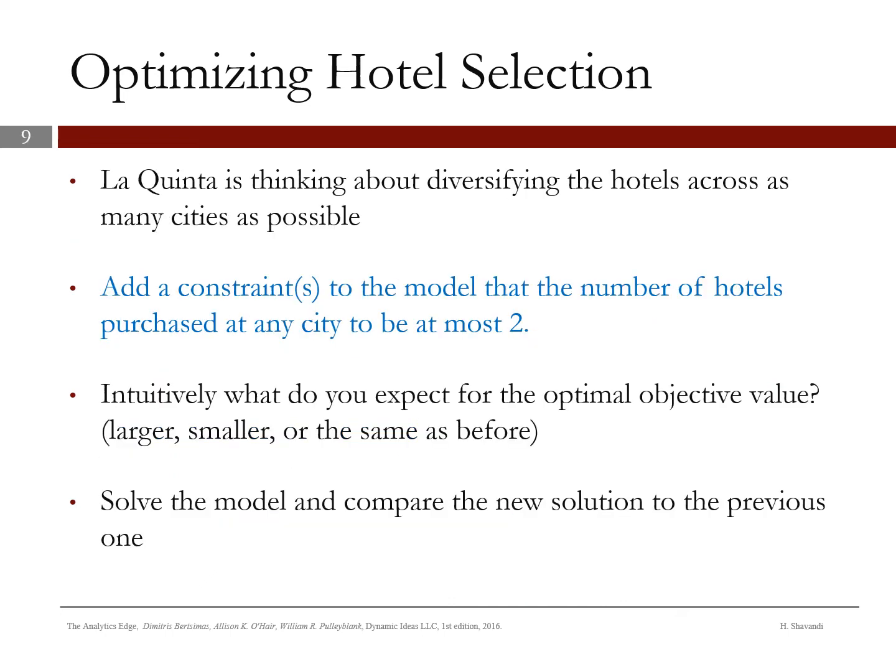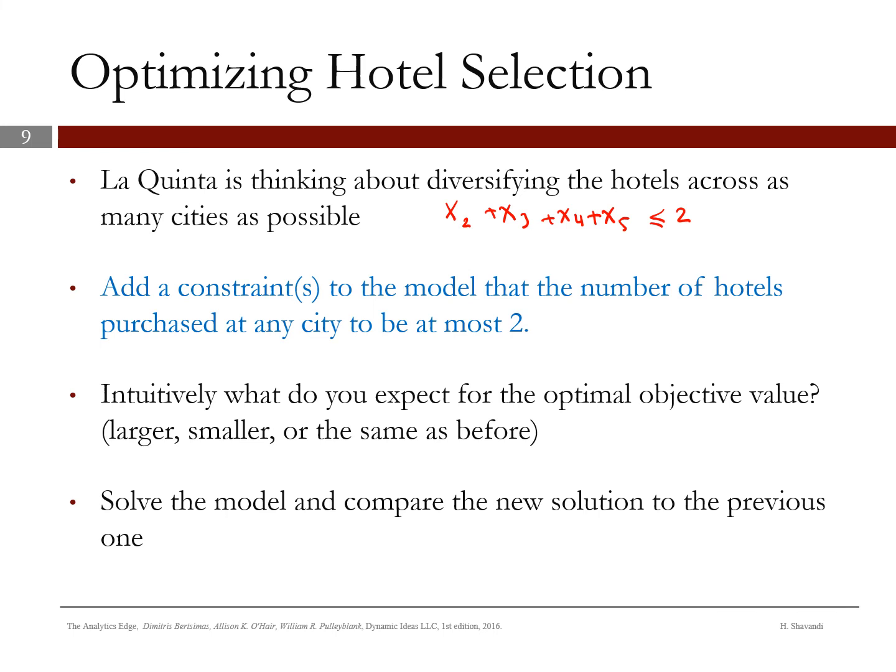Now suppose that the hotel wants to diversify the hotels across as many cities as possible. Because of that, here we have more constraints, based on the constraints obtained by the hotel. We have x2 plus x3 plus x4 plus x5 less than or equal to 2. Okay, we don't want to have more than 2 hotels in the same city.